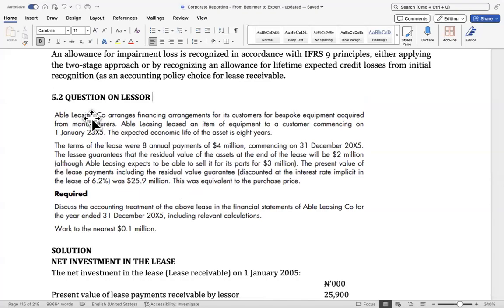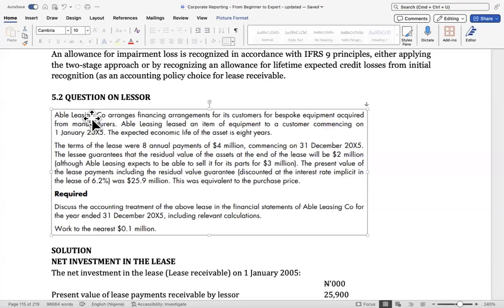So Able Leasing is the lessor, starting from 1st January 2005. The annual rental is 4 million. The lease term is 8 years. And of course they are paying the rent at the end of every year. Then there is a guaranteed residual value of 2 million.